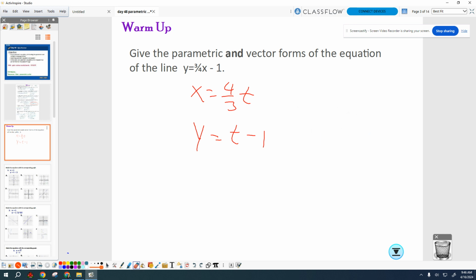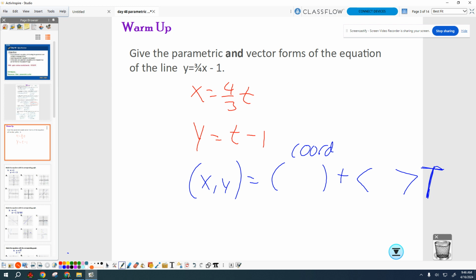how do I get the vector equation? The vector equation is some kind of coordinate plus some kind of slope. It might be 4/3, 1 and 0, -1.